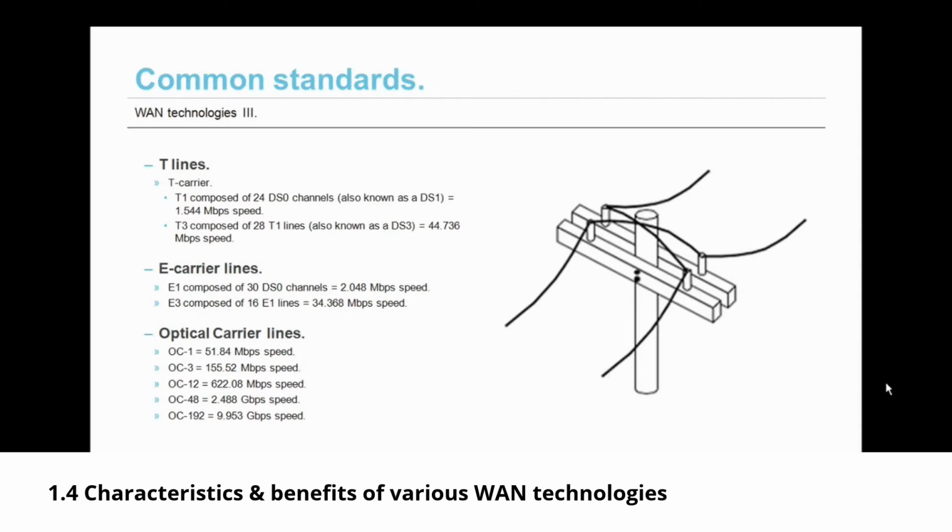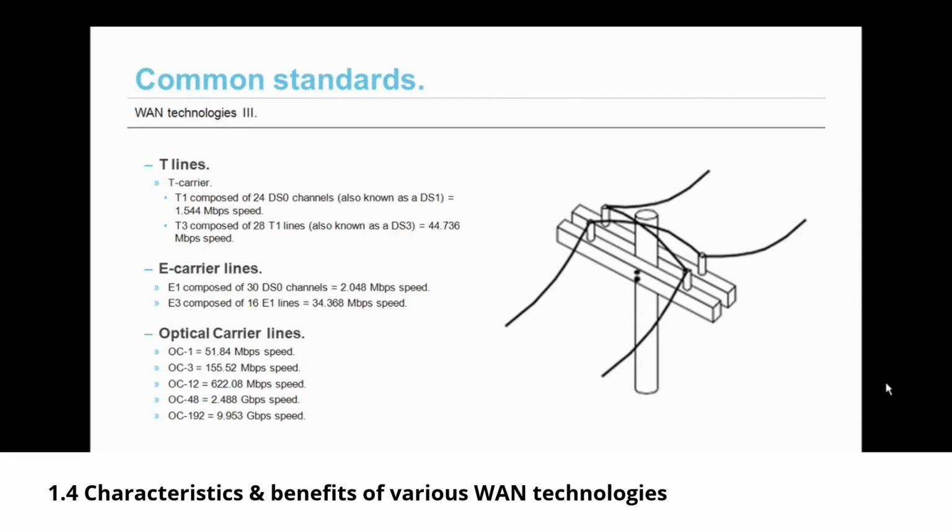Now, a T3 line is also known as a DS3, and it can achieve speeds of up to 44.736 megabits per second. If you're in Europe, you might lease an E1 line. An E1 line, which is composed of 30 DS0 channels, can achieve speeds of up to 2.048 megabits per second.